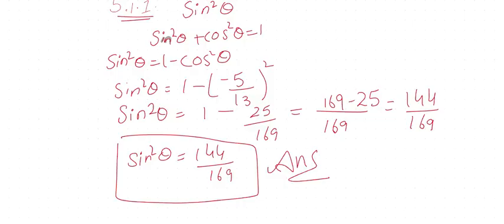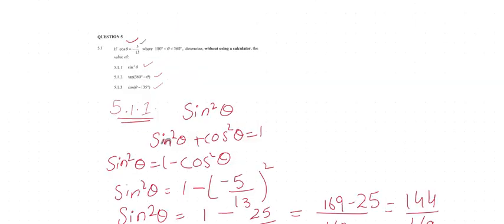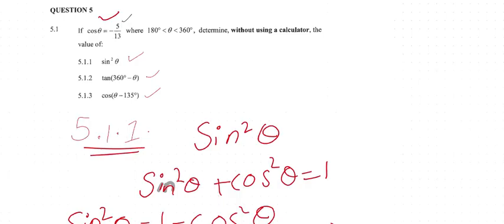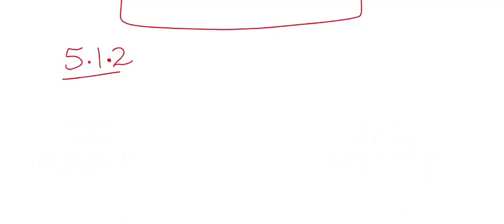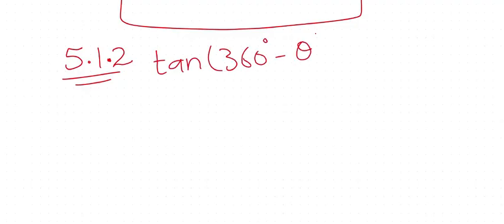Now what's next? We have to find 5.1.2, the value of tan(360 degrees minus theta). So let's write the next question here.